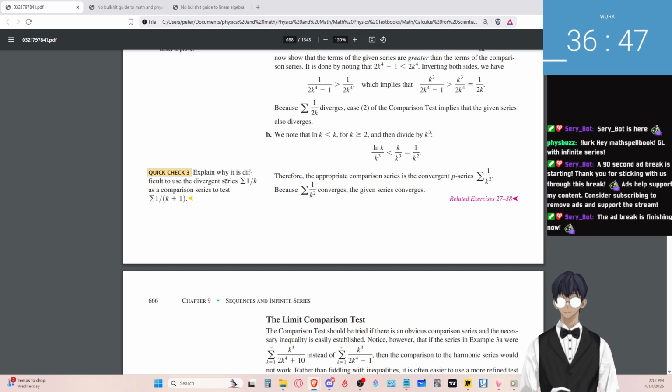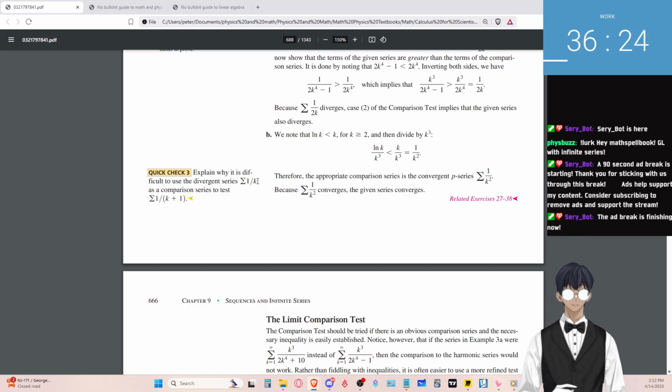Explain why the series 1/k works as a comparison test for 1/(k+1). Well, let's see. The thing is that this would diverge. And if this diverges, then this one will diverge, because of the p-test.